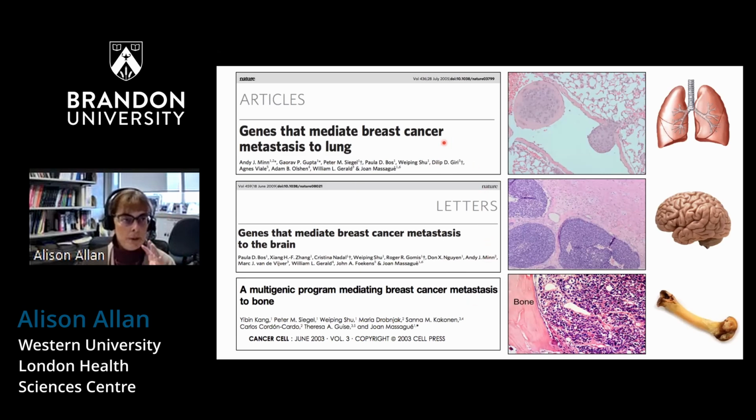And you'll see these are published in big journals, 2 in Nature, 1 in Cancer Cell. And these were sort of the first real definition of what are the molecular things that are driving the seed and soil hypothesis. But again, they were focused on the seed. So they're focused on the cancer cell.